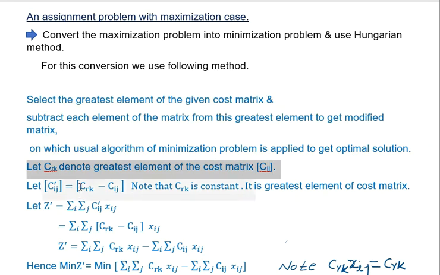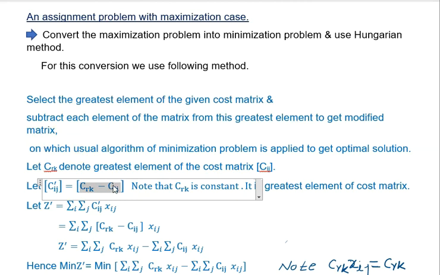Now from this element we subtract the element Cij of the cost matrix, and suppose that this difference we denote by C dash ij. C dash ij is a general element in the modified matrix and it is obtained by subtracting Cij from CRK.